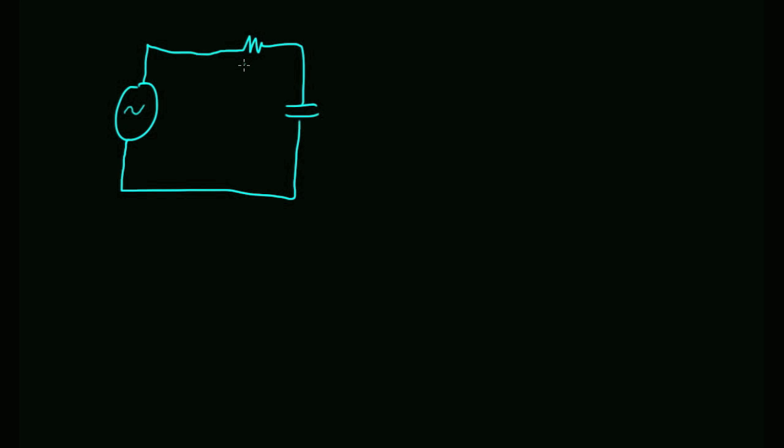So very quickly, again, I know this is probably a little bit of review. Let's say this is V source, this is V out, this is your resistor, this is your capacitor. If we were to write a differential equation for this, it would essentially say that the current through the resistor has to equal the current through the cap, and the current through the cap is C dV out/dt.